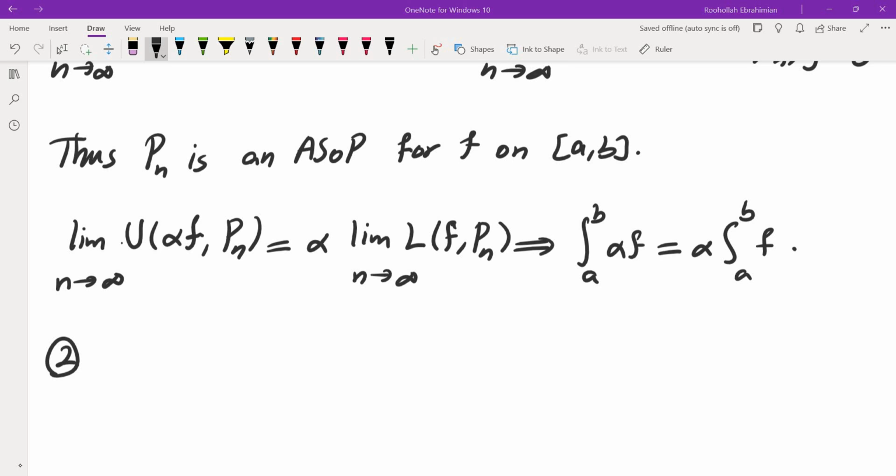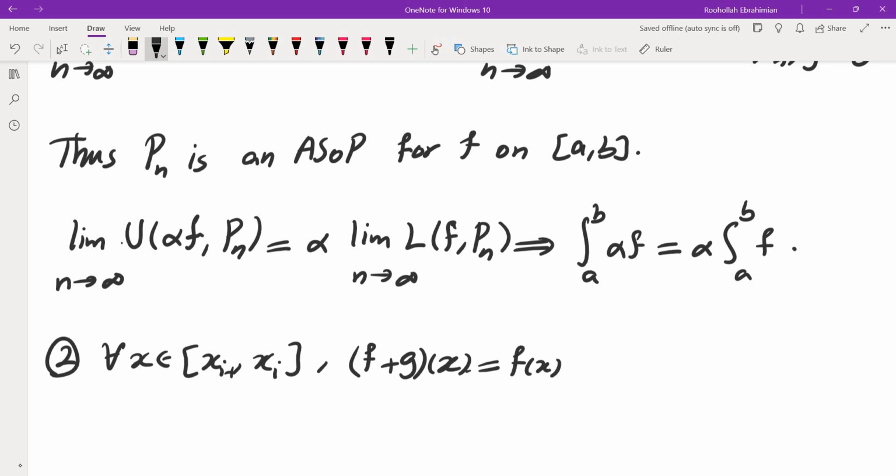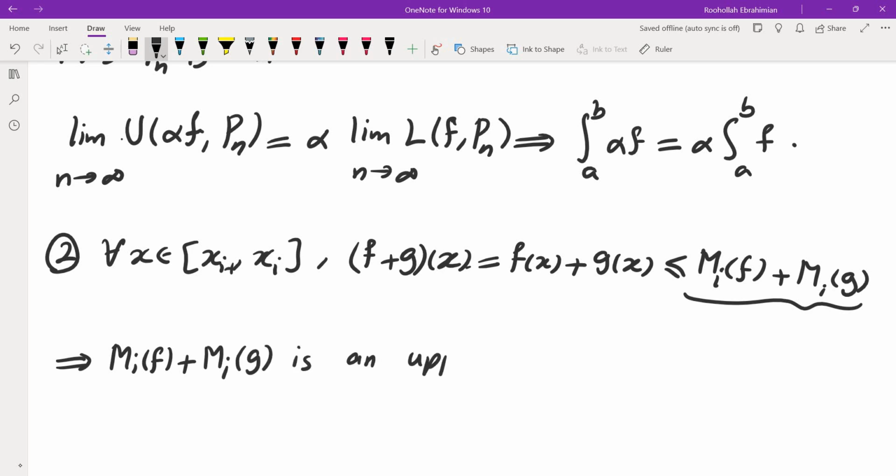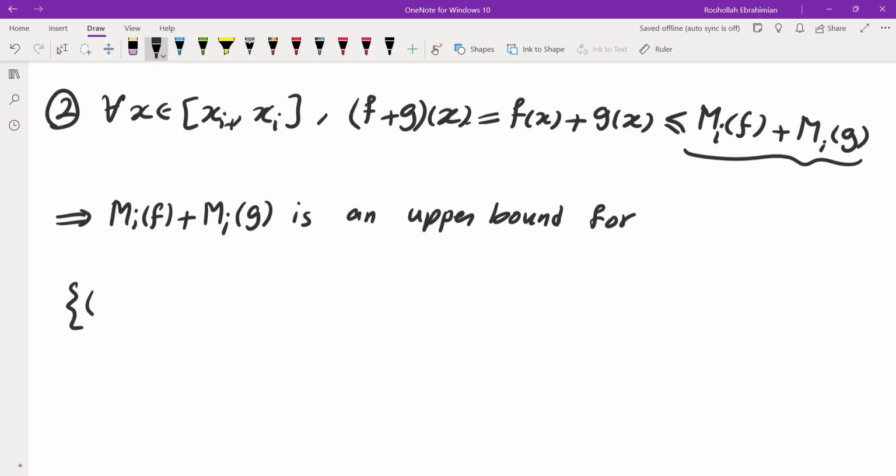If you look at x inside the interval xi minus 1, xi, f plus g of x is f of x plus g of x, which is less than or equal to Mi of f plus Mi of g. That means this is an upper bound for this set of f plus g of x where x is in the interval xi minus 1, xi.